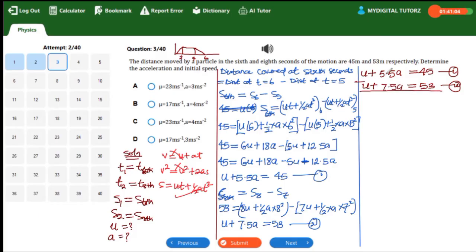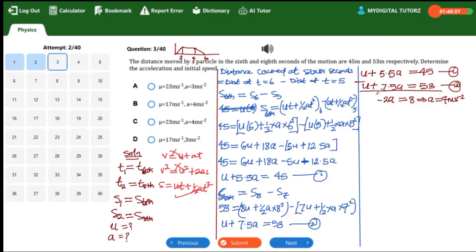U minus U is 0. This minus this one will give us minus 2A. Minus 5.5 minus 7.5 is minus 2A, and this will give us minus 8. Which implies A is equal to 4 meters per second squared.